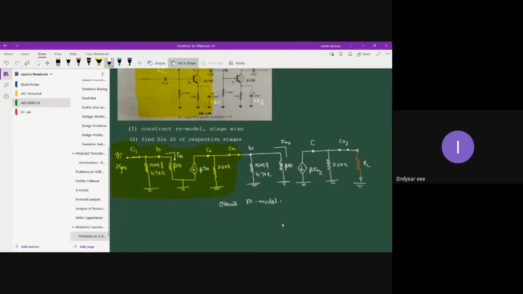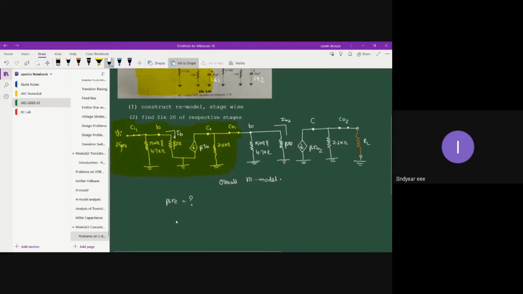Now you need to have the beta RE value. What is the beta RE value? We don't have straightforward data which talks about beta RE, so you need to find it using DC biasing. Again, the repetition of module 2 concepts.